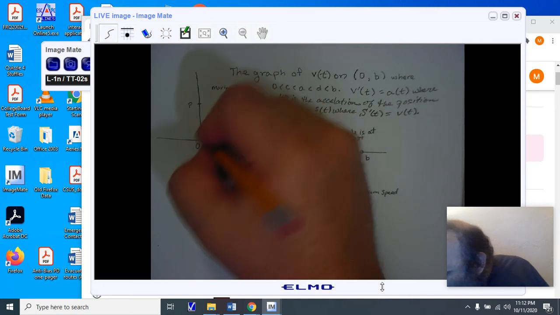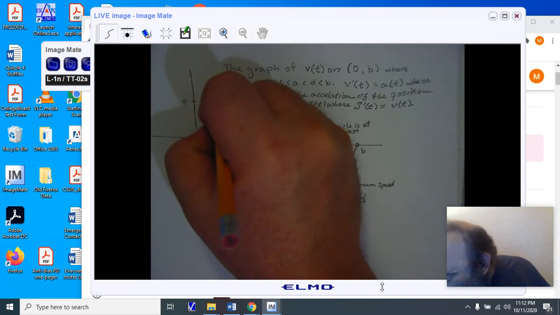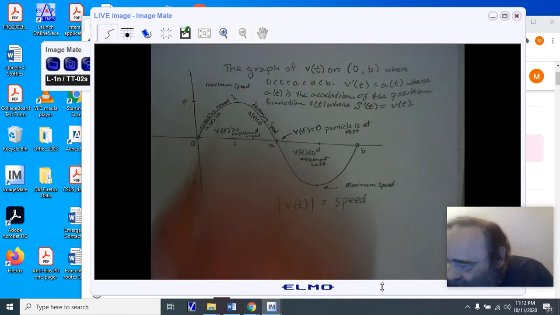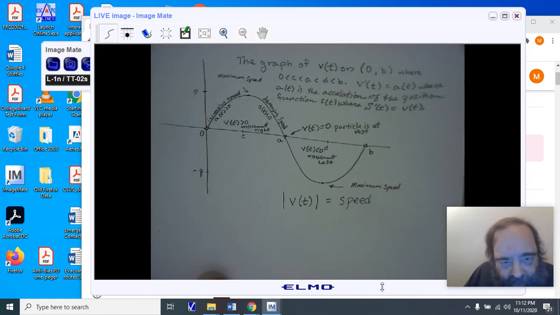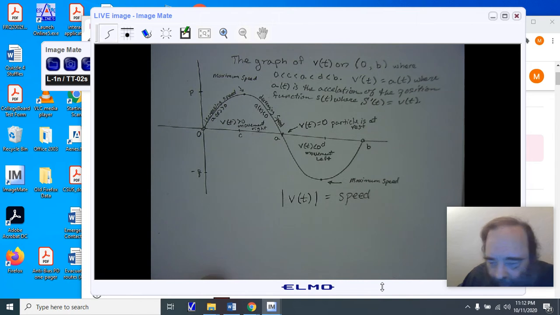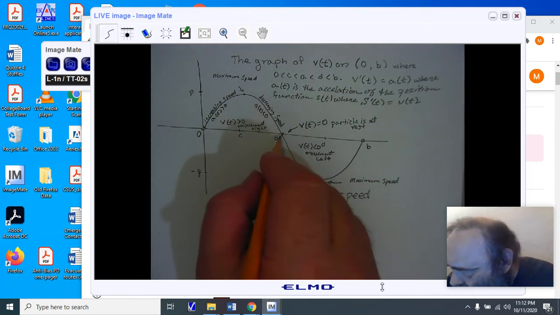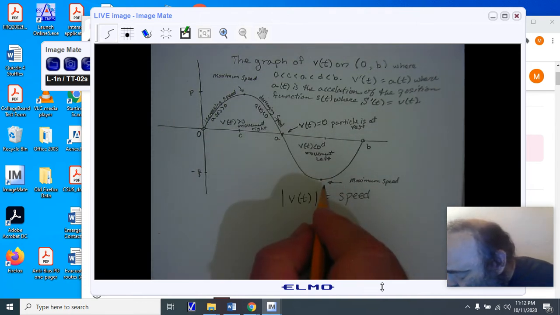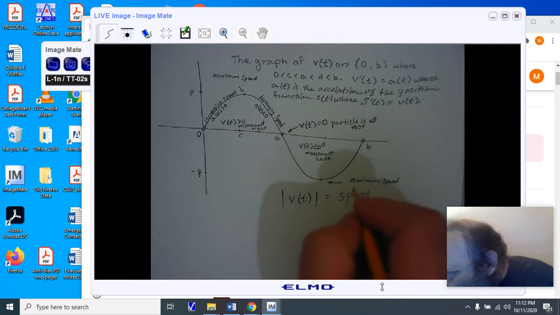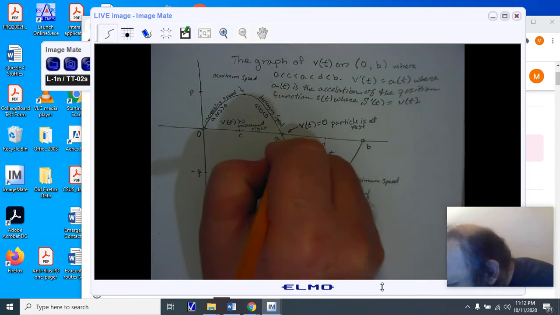And right here where I have this increasing interval, I can now call it increasing speed. Now, what's going on? Well, let's just look from here to be at rest and then moving left to a maximum speed to the left. I once again have to have an increasing speed.